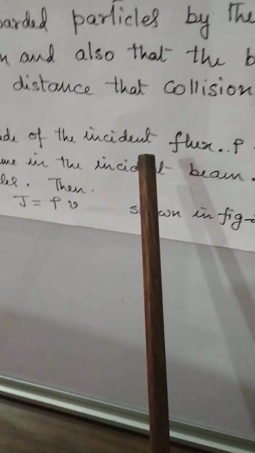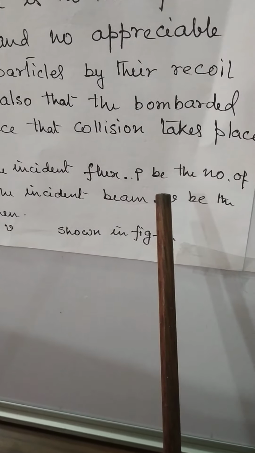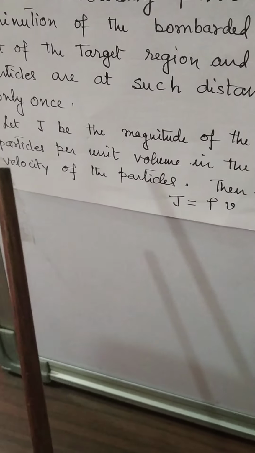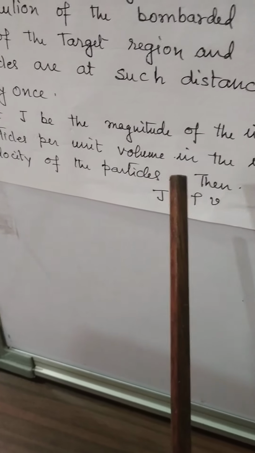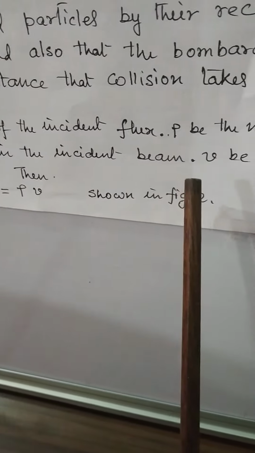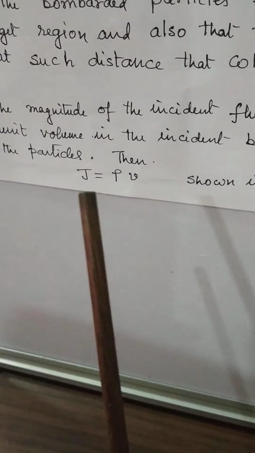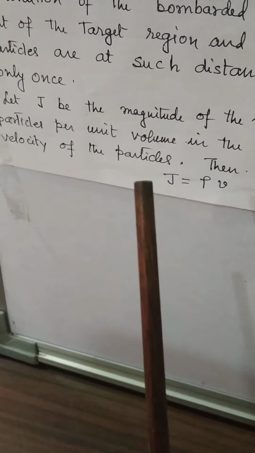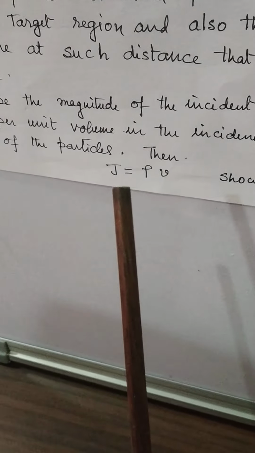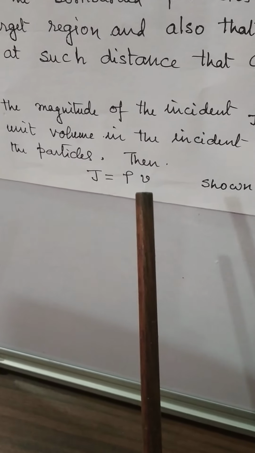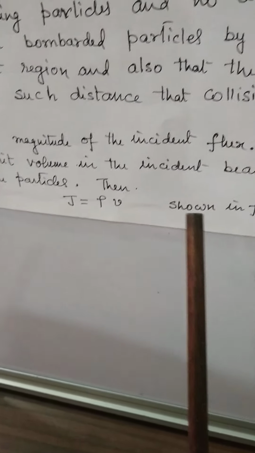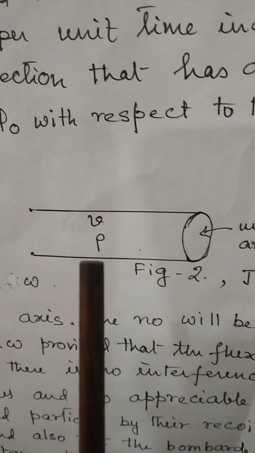Let J be the magnitude of the incident flux, rho be the number of particles per unit volume in the incident beam, V be the velocity of the particles. Then J, that is current density, is equal to rho into V as shown in figure 2.